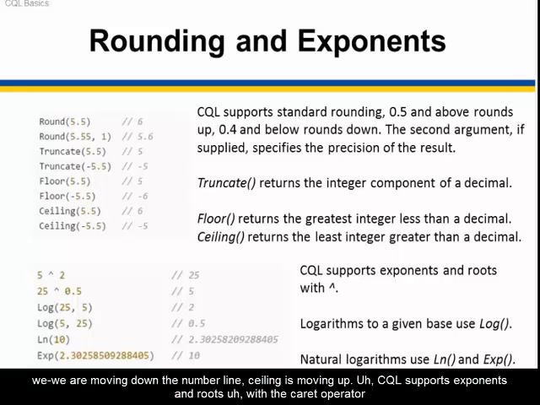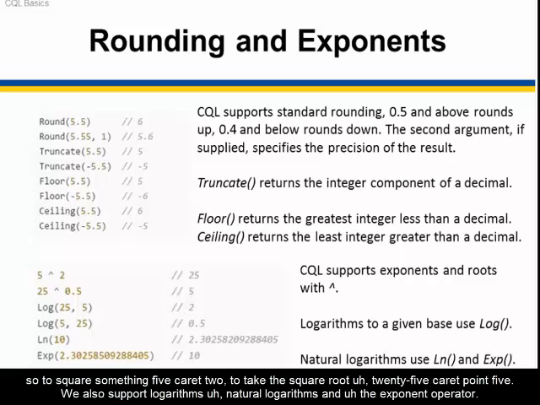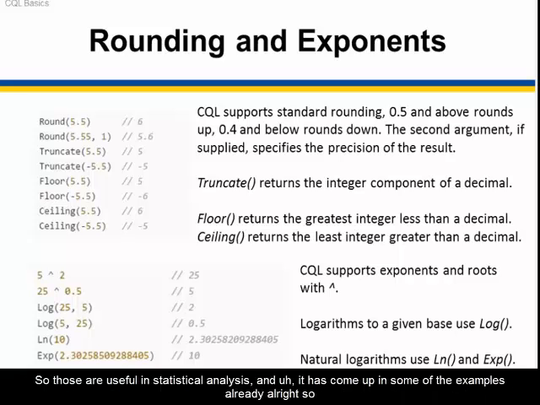CQL supports exponents and roots with the caret operator. So to square something, 5 caret 2. To take the square root, 25 caret 0.5. We also support logarithms, natural logarithms, and the exponent operator.